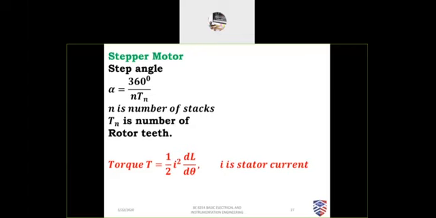Once again, I tell you what the stack is. Suppose you have a rotor like this with 4 teeth. I take the same type of rotor and place it before or after with a slight angle offset.